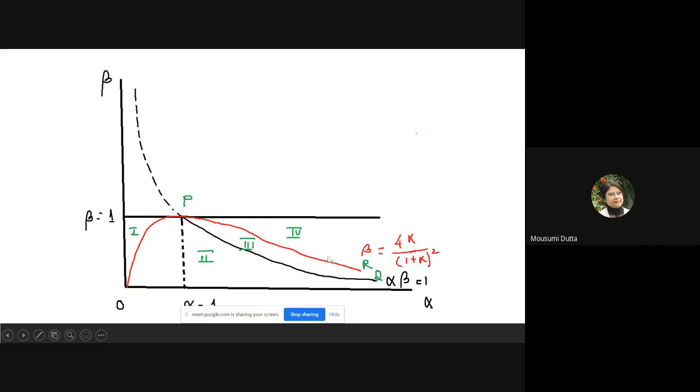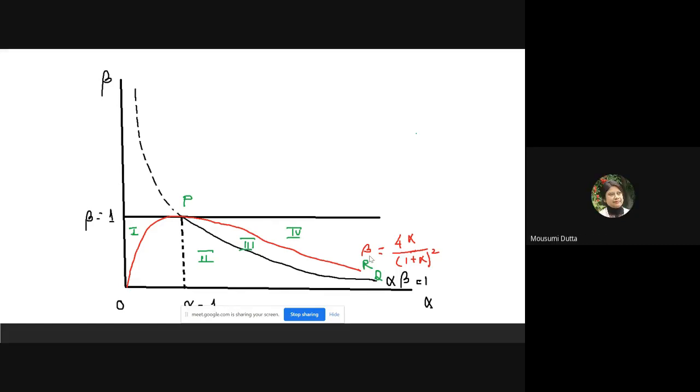The red one, that is beta is equal to 4 alpha by 1 plus alpha whole square. This curve I am marking as OPR. So everybody could draw the diagrams. Is it okay? Yes, ma'am.